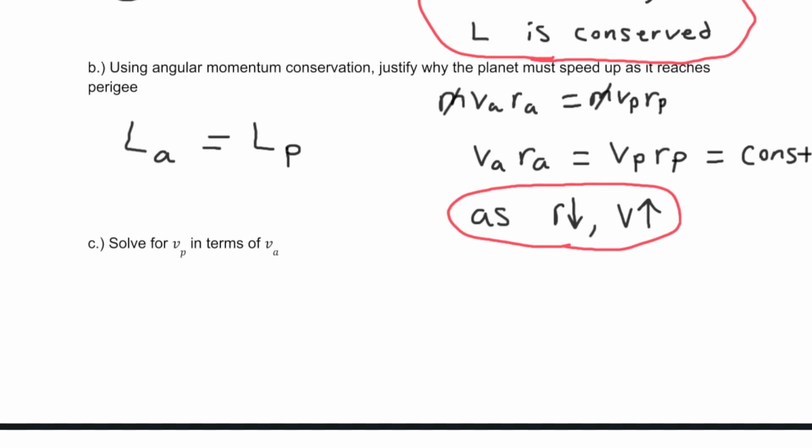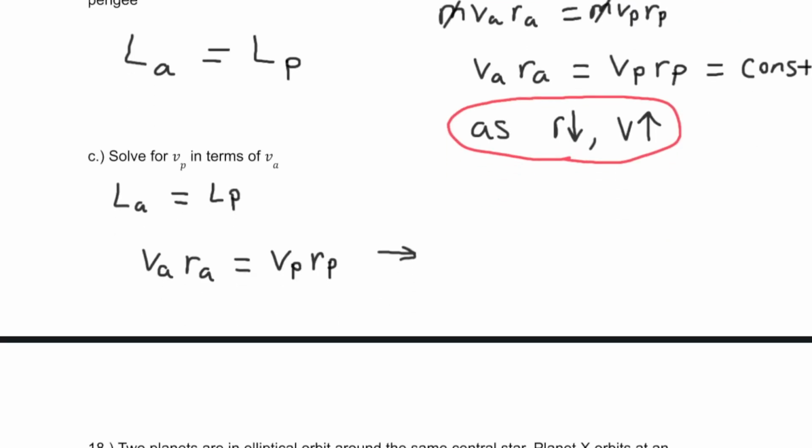And now let's actually solve for it. So we did say that just using angular momentum conservation, we showed that V_A times R_A equals V_P times R_P, which means that solving for V_P, we just get V_P equal to V_A times R_A divided by R_P.